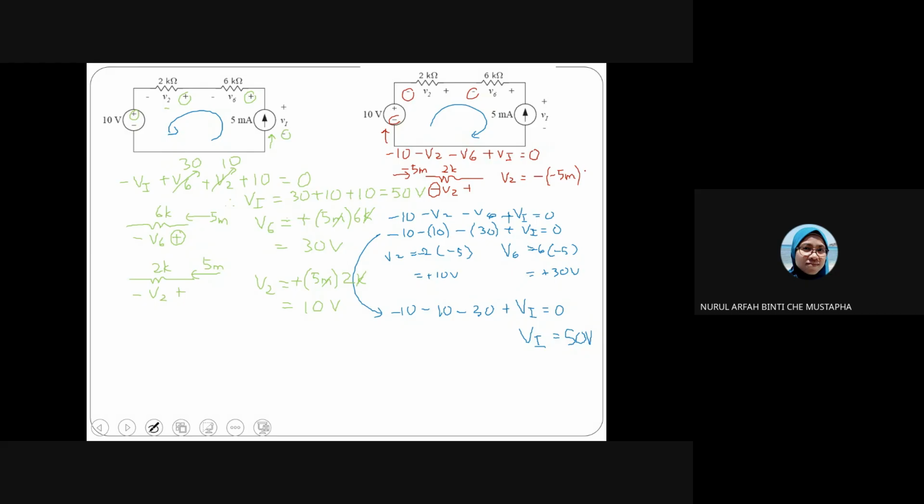Kilometers. And what about V6? V6, minus plus speed is minus, it's opposite direction of the original one. Then the V6 is equal to, you have a minus here, so please write down the minus. And you have a current, which is a minus 5 milli. And you have this, and you can remove, and this is the remove.